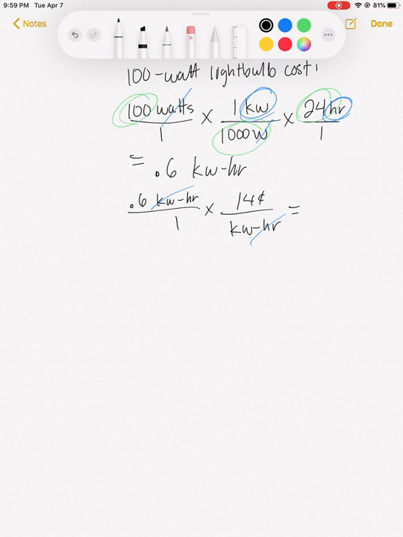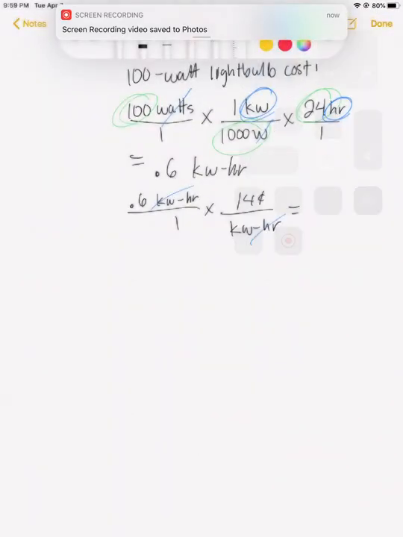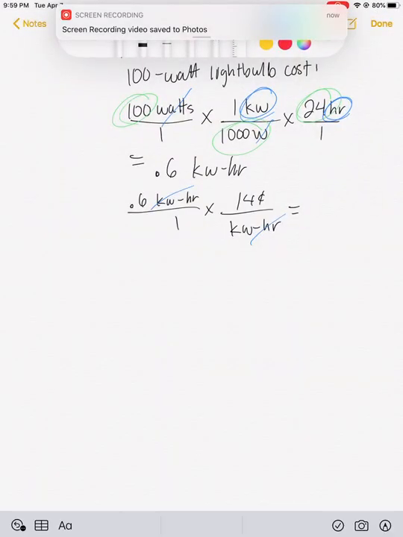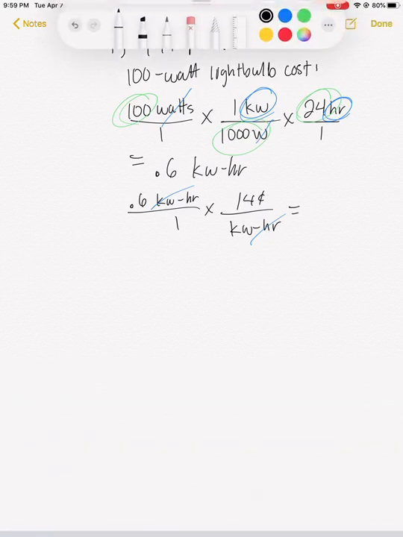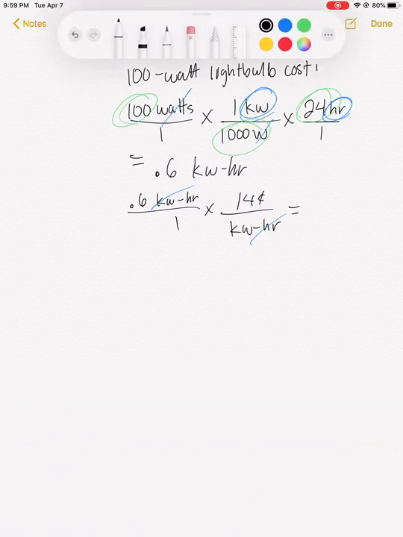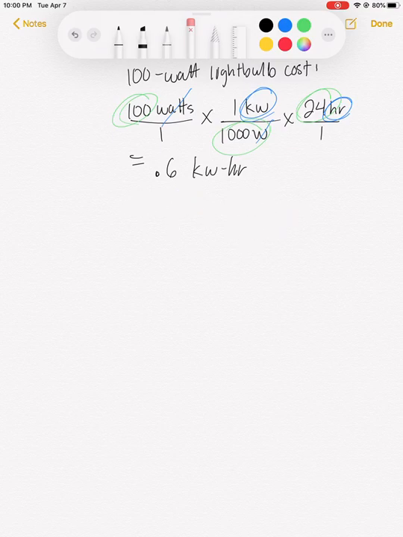We just had a slide mix up here, so we're going to back up just a tad. I was talking about 100 watts and miscalculated it.